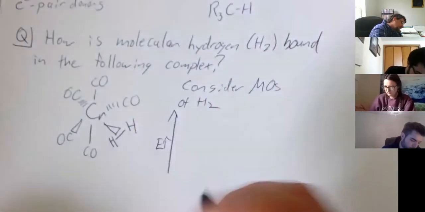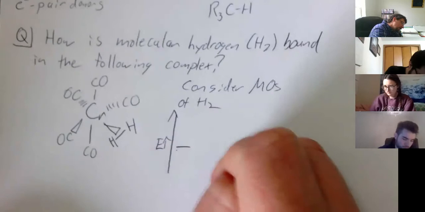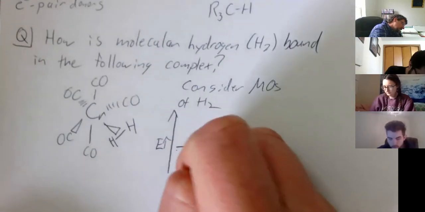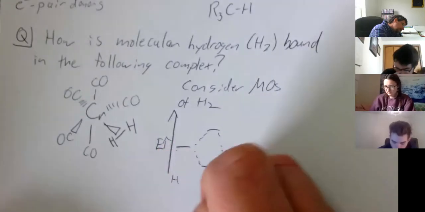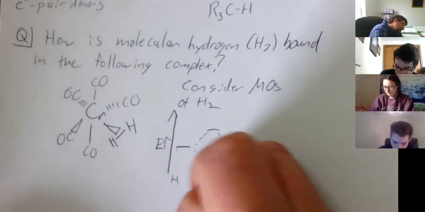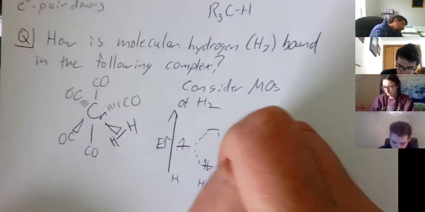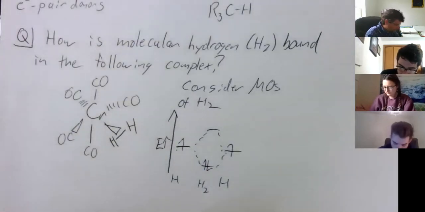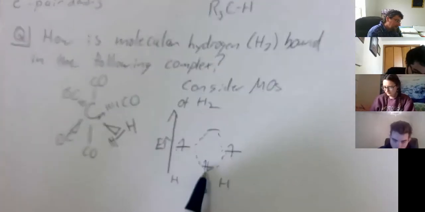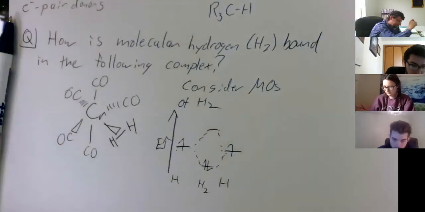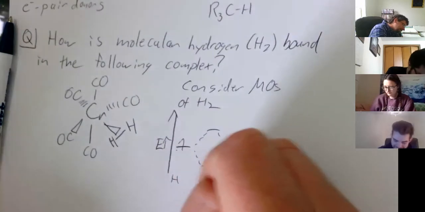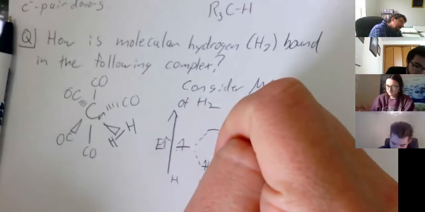We got energy, H2, like that, right? What's the label of this orbital? Sigma. Yep. Sigma, and then this guy.